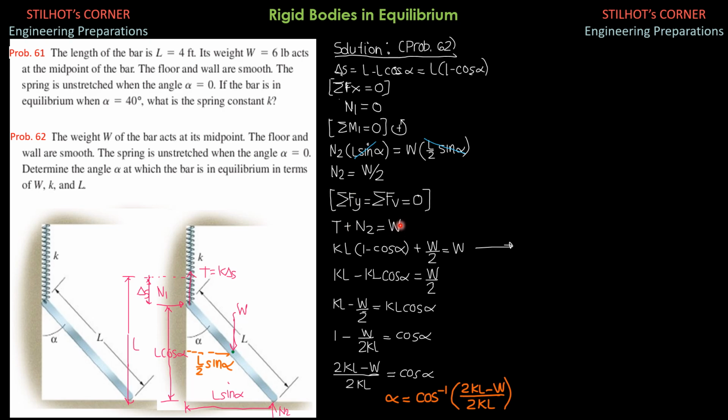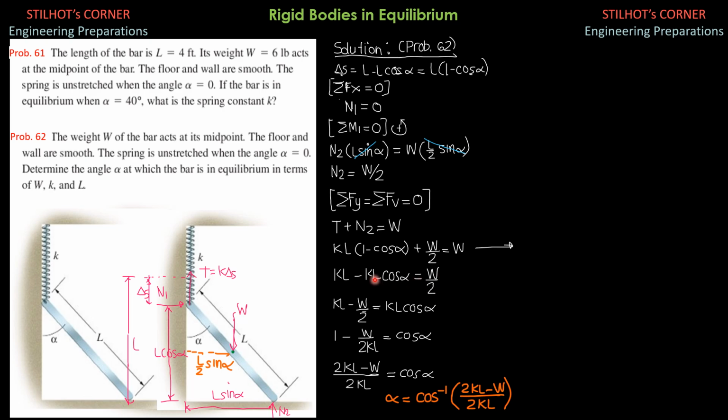So there's only one downward force, which is W. Substitute the value of T, which is KL times 1 minus cosine alpha, plus N2, which is W over 2 found here, equals W. So distribute KL minus KL cosine alpha, W minus W over 2 is W over 2.